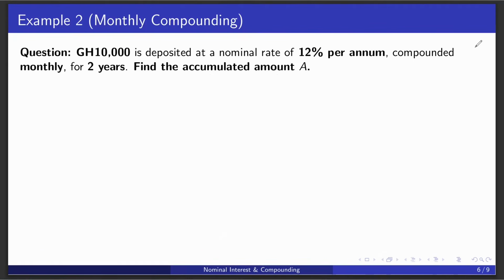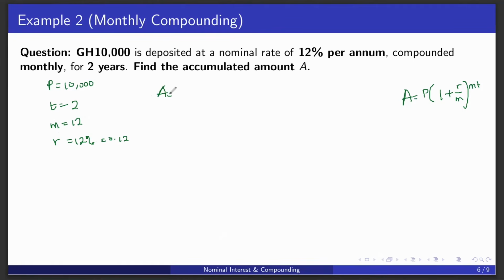The accumulated amount formula is given as A is equal to P times (1 plus R over M) raised to the power M times T. Therefore, first of all, we have P is equal to 10,000, the principal. T is 2 years. M is 12 because we are compounding monthly. And R is 12%, which is the same as 0.12.